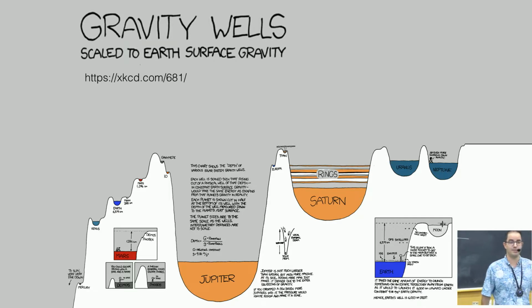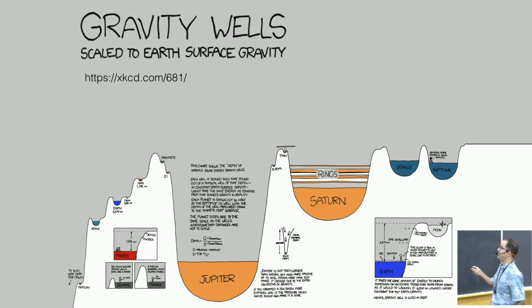I don't know if you are familiar with XKCD. But this is a way of representing how extreme the gravity of a black hole is in the universe. And this is a very nice way of visualizing gravity with potential wells.